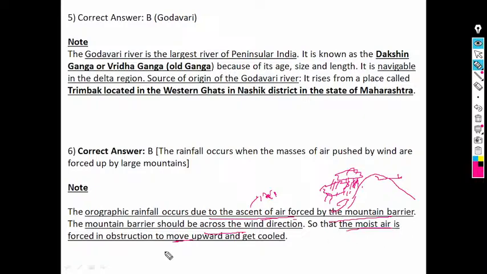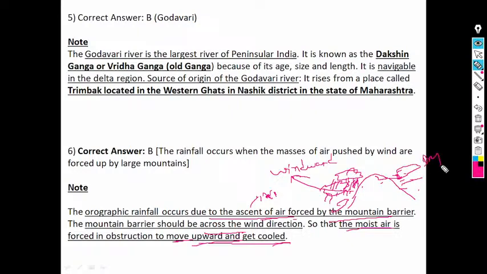So the moist air is forced, in obstruction, to move upward and get cooled. The moist air feels the obstruction and gives rain. This side is the windward side, which gets rain, and these are dry.